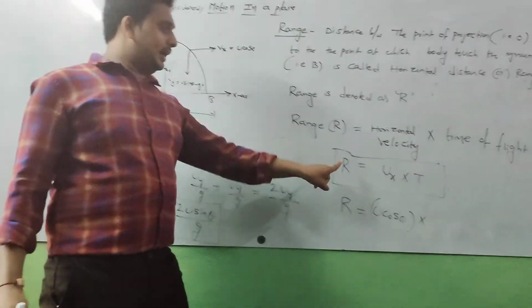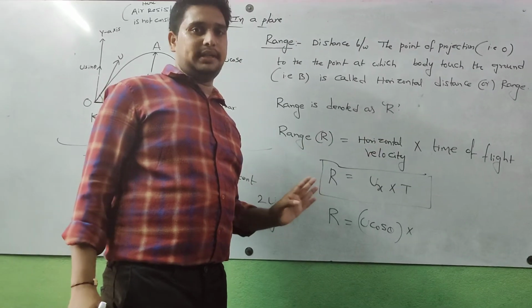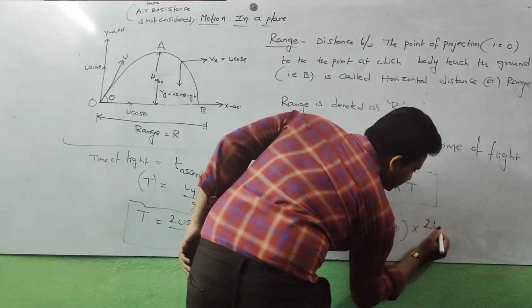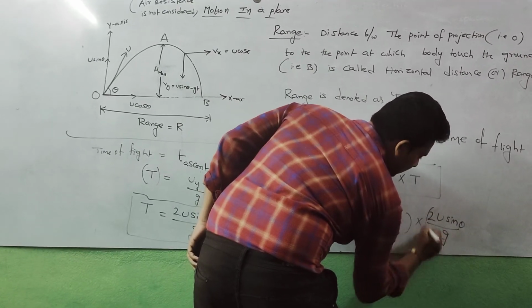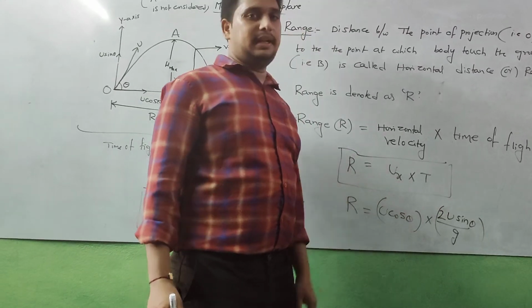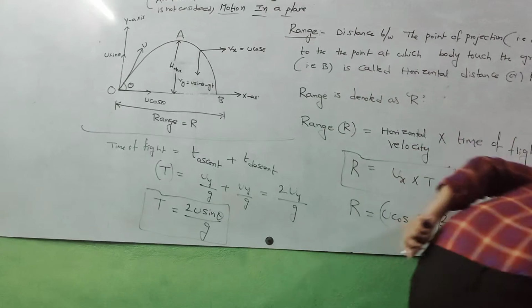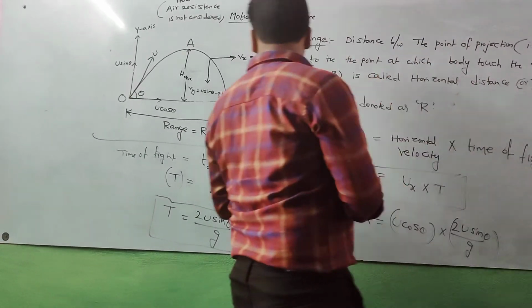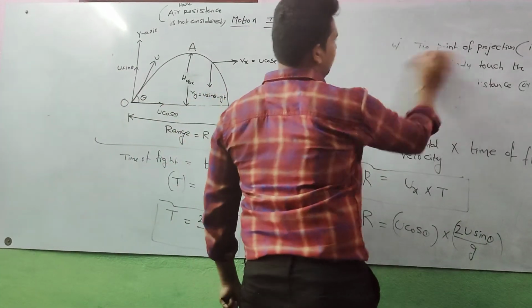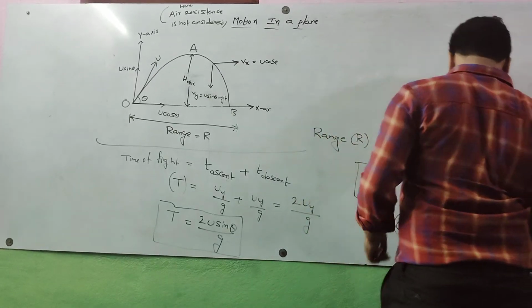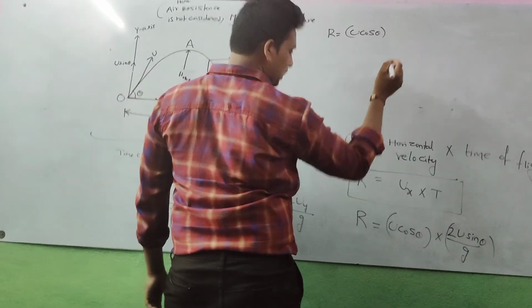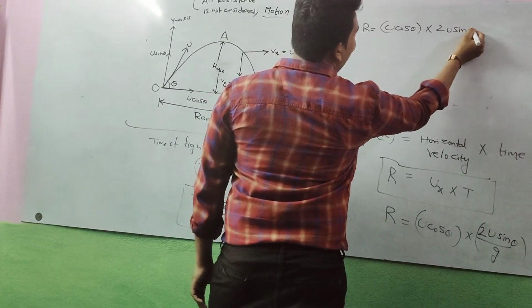So range means horizontal velocity into time of flight. Range R is equal to u cos theta into 2u sin theta by g.